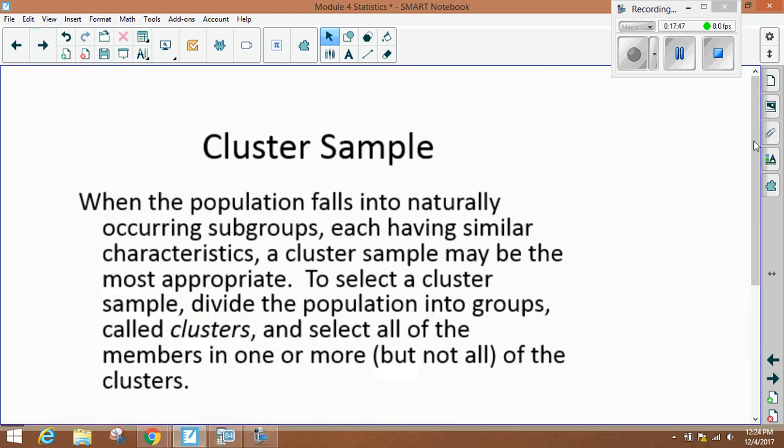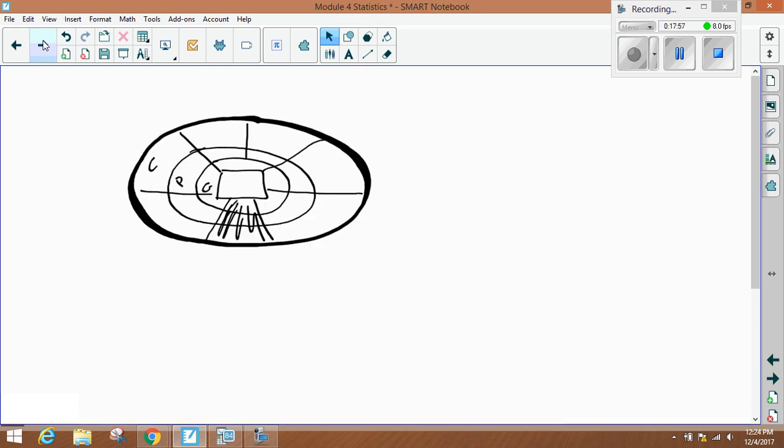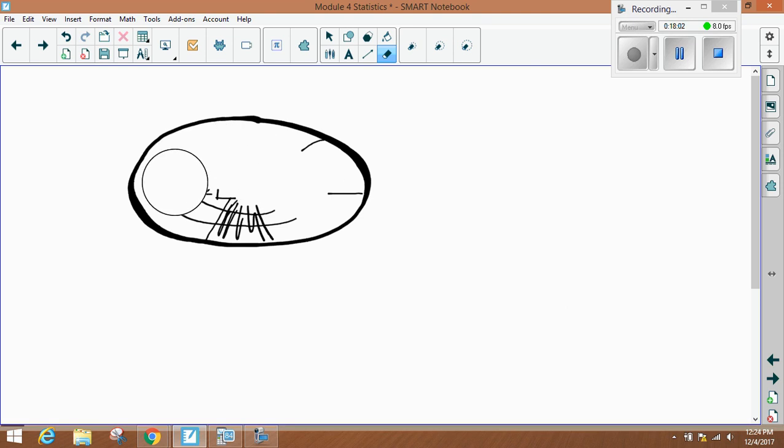With a cluster sample, I'm going to take a group, and I'm going to take a representative cluster, and I'm going to get some data from them. So the example that I came up with was like this. Imagine at a stadium, say a football stadium, I wanted to ask the question, do you think the prices are fair?